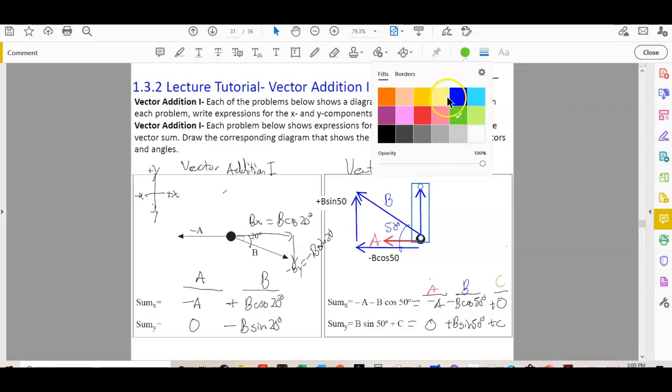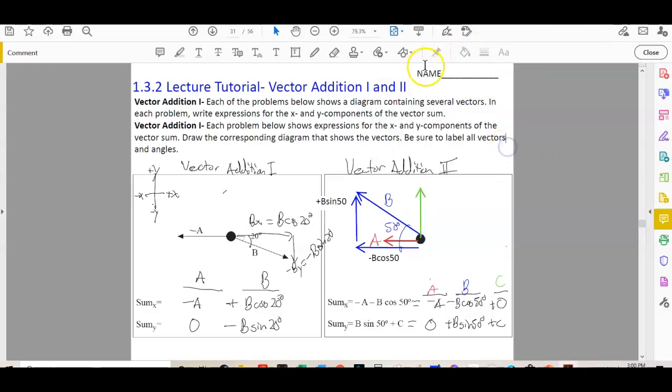This is the c vector. All right? And so that's basically how you do that. I'm sure there are quicker ways to do it, but if I have a complicated vector like the b vector, I like to decompose it into its component vectors and then draw those. So that's basically how to do this tutorial.